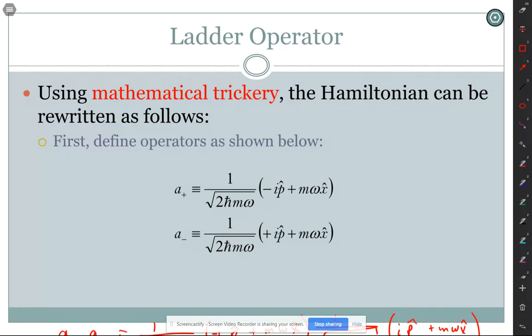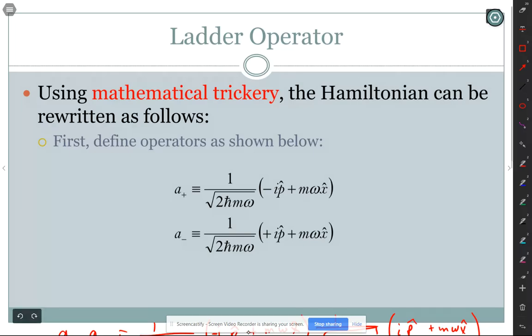So we call these ladder operators because they do that. Now, when we got to this point, I had no reason to think that's what these operators would do, right? No reason whatsoever. But people who are far more creative than me came up with these methods.